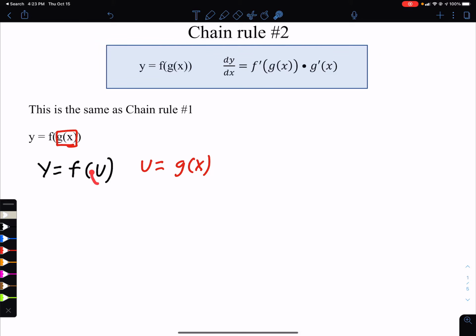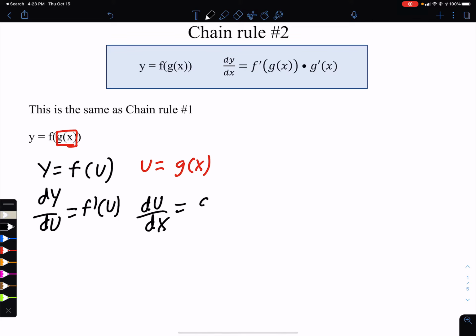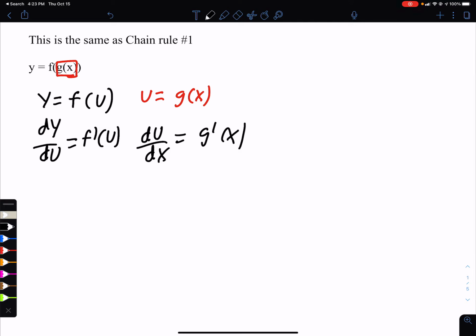And so now we have the single variable here, so now we can find the derivative of y with respect to u, and that's just f prime u. And then here we have u and x, so when we take the derivative of u with respect to x, that's just g prime of x. Now as we do the chain rule, in the original we want dy dx.